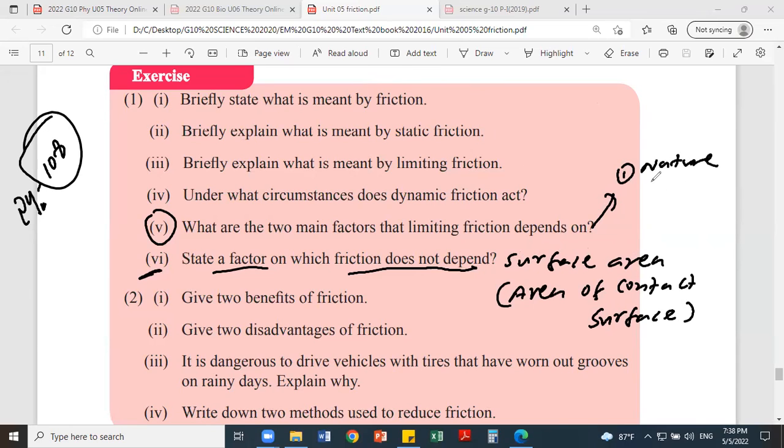You can write roughness of surface also, it is accepted. The other one is perpendicular reaction. Actually, the perpendicular reaction or normal reaction depends on the weight, the mass of the object. Okay, these questions are not hard, right?